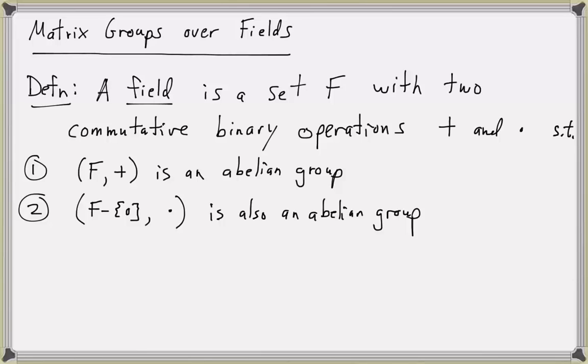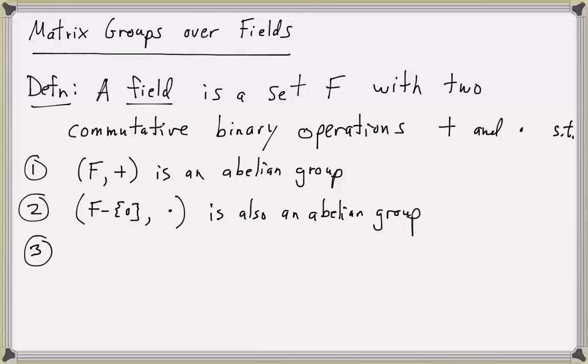So we have two operations, addition and multiplication, that are both commutative. We have additive inverses, additive identity, and the non-zero elements of the field also have a multiplicative inverse.